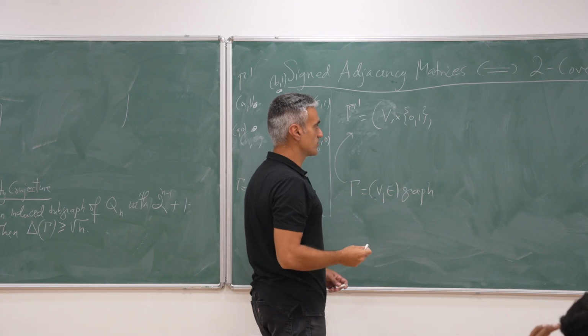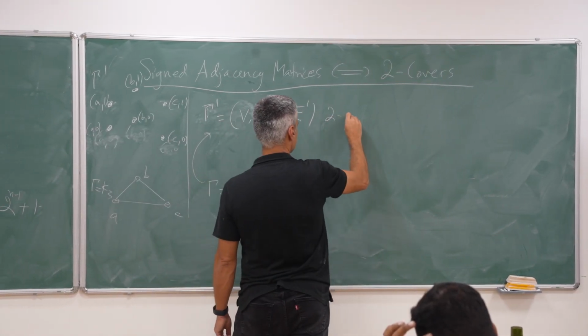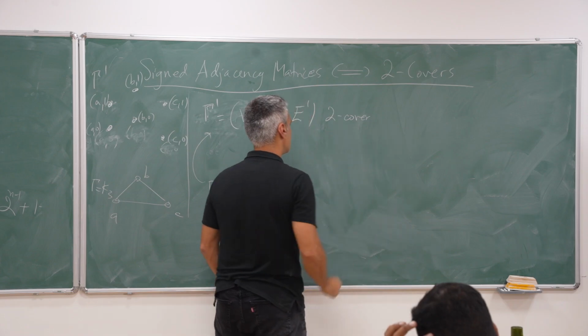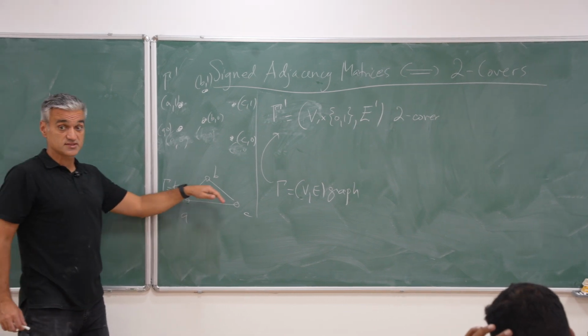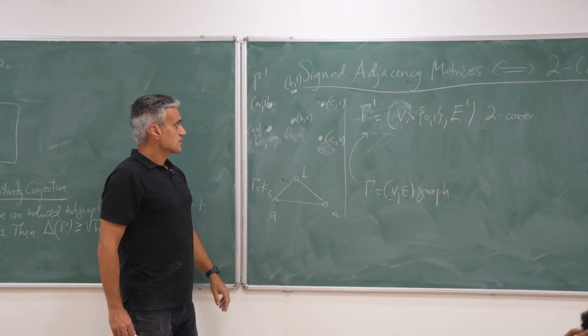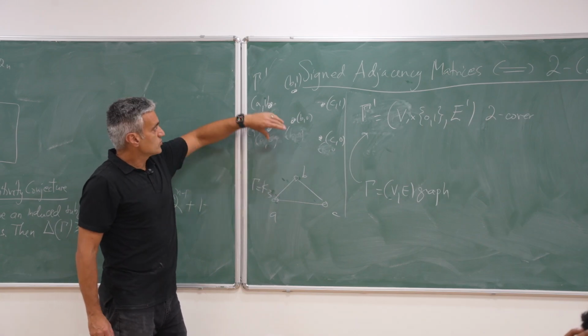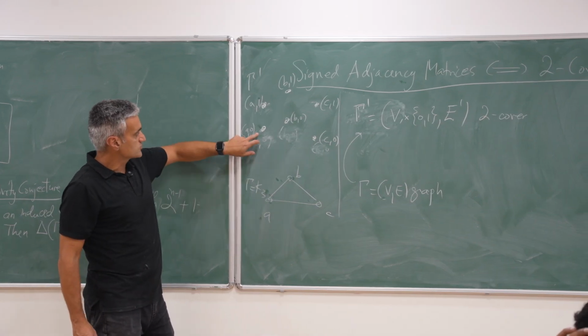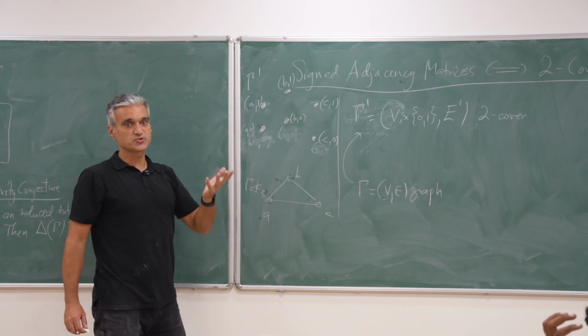So I want to define what is the double cover, and this will be some edge set. The vertex set doubles, so every vertex here gets 2 copies up here. Now what do you do? For every edge, A has 2 copies, A0, A1, B has 2 copies, B0, B1, and you have 2 choices.